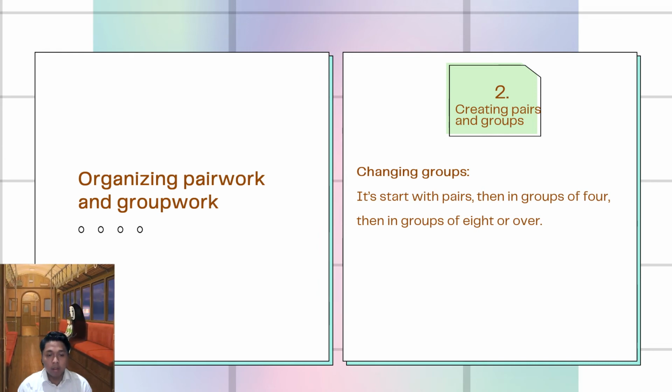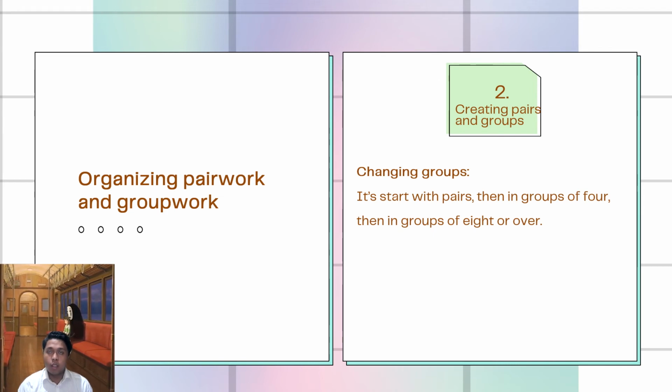And then the last one is changing groups. This method starts with pairs, then groups of 4, and then groups of 8, or over, like 12 or 20.